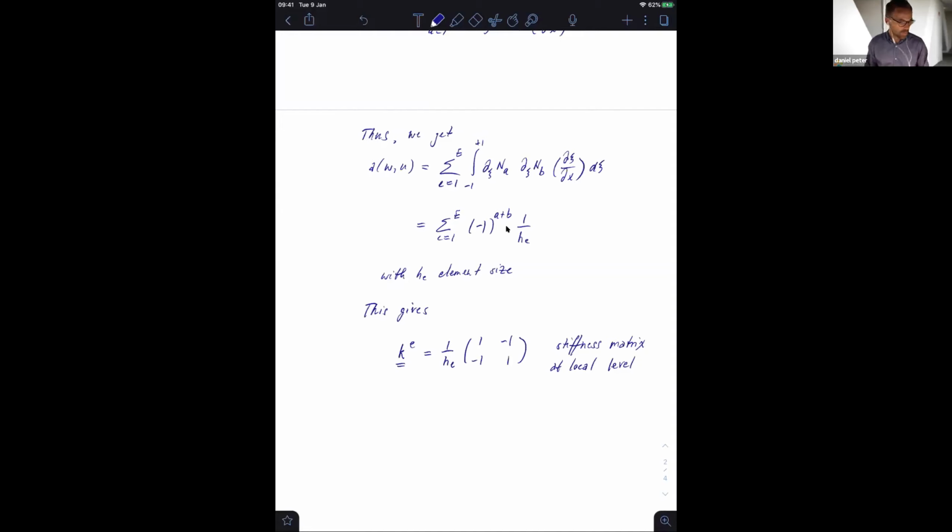So let's do that, called the assembly stage.